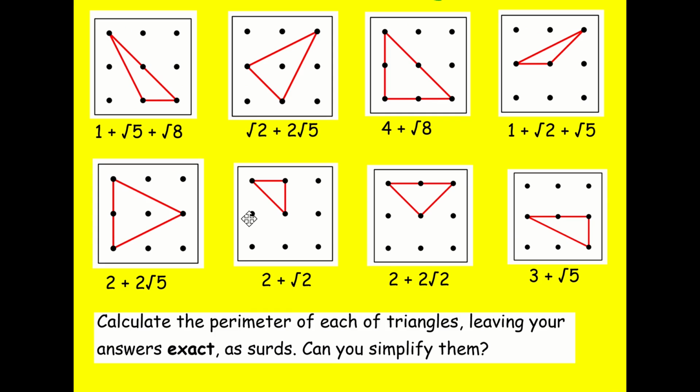You could order them from smallest to largest. You could even try, this is a trickier task, ordering the perimeters from smaller to larger, because that will give you some inequalities. For example, the fact that 4 plus root 8 is going to be bigger than 1 plus root 2 plus root 5. Sometimes it's not so easy to see, if you add them up, which is going to be bigger, but you can have a go with that.